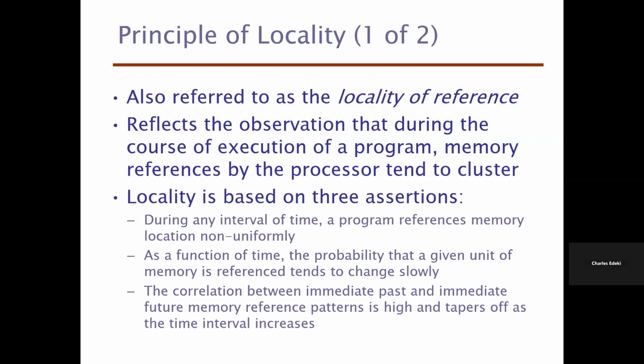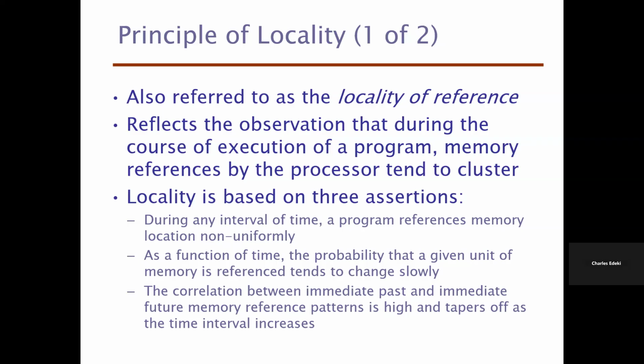So this is temporal locality, which goes with time. And as we said, spatial locality goes with space. Here, data near a recently accessed address is likely to be accessed soon.